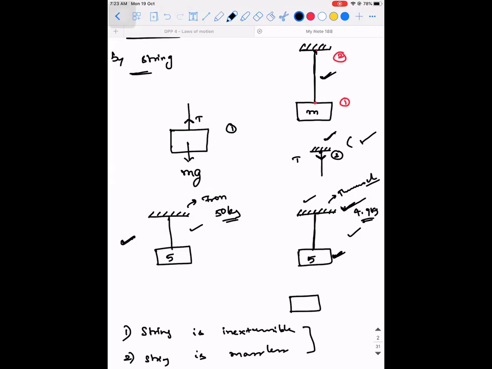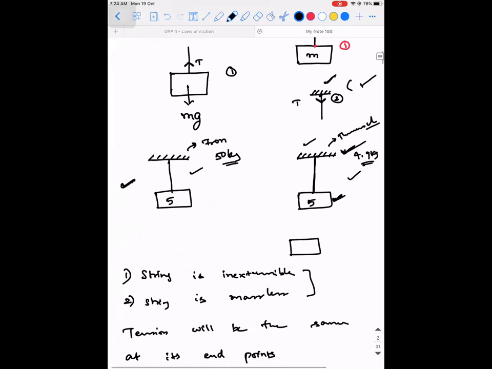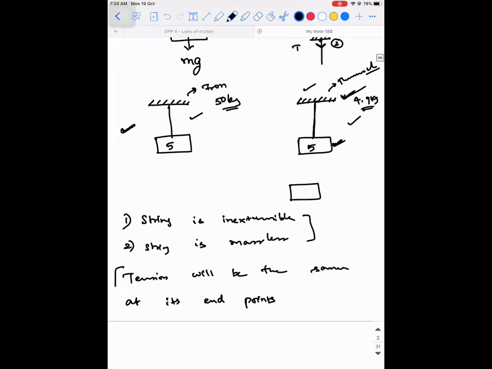How to deal with it, we'll see in a problem directly. Most of the cases, when they say that there is a string, by default, the string is inextensible and massless, unless it is mentioned in the question. Are you guys able to understand? So tension will be the same at its endpoints. Please make a note of this.